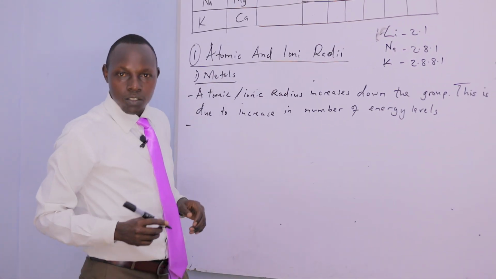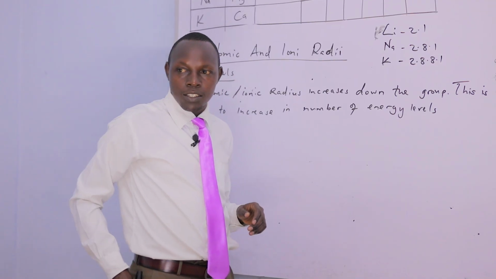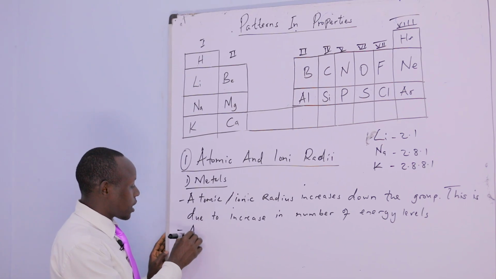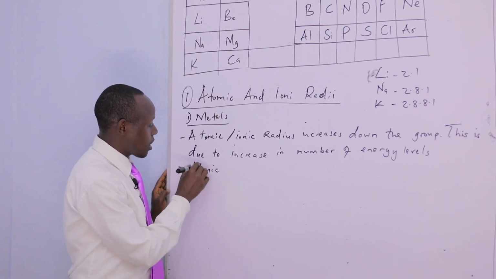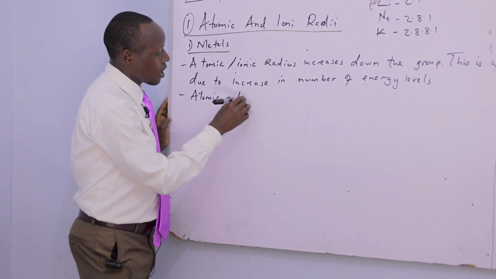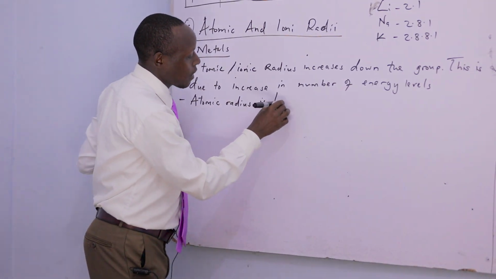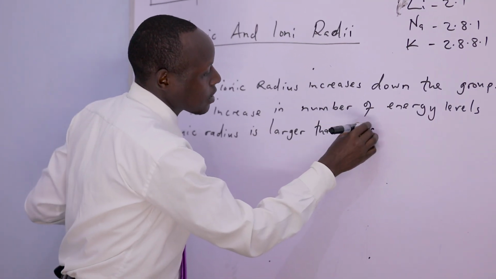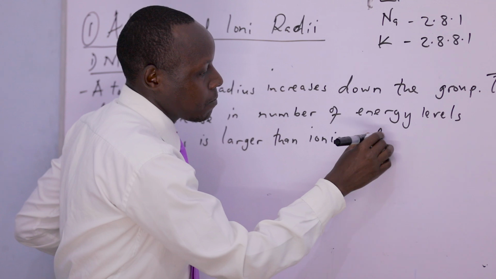Second point that I want us to note about atomic and ionic radius is that for metals, atomic radius is larger than ionic radius.